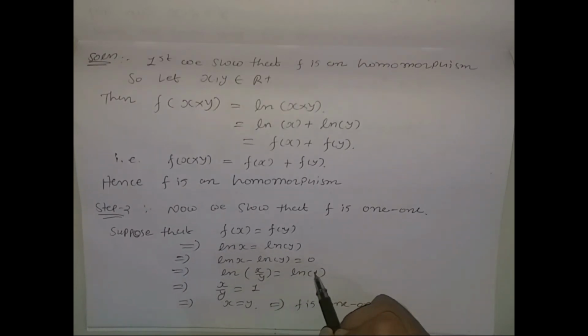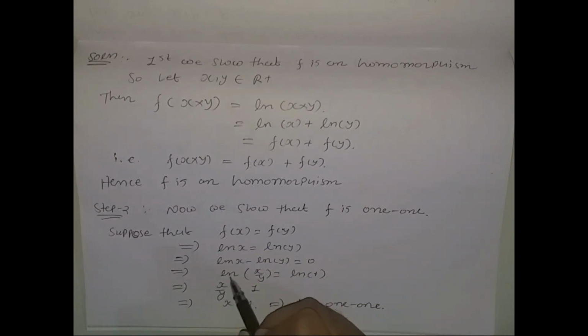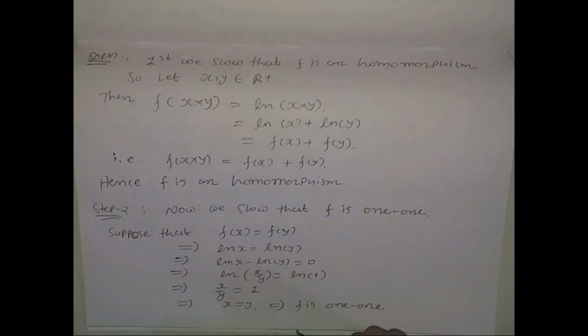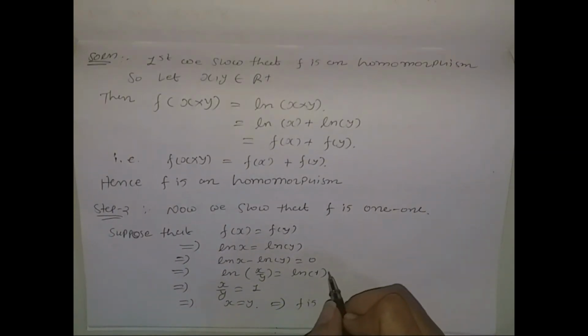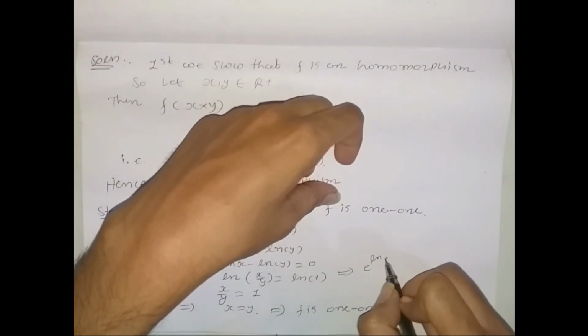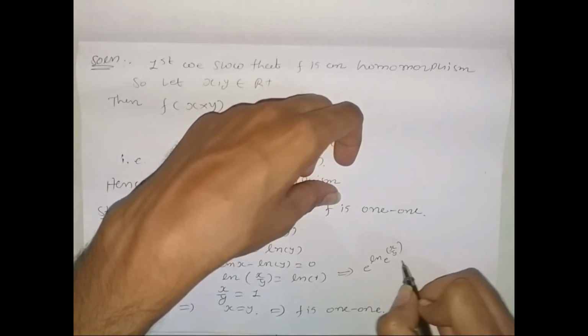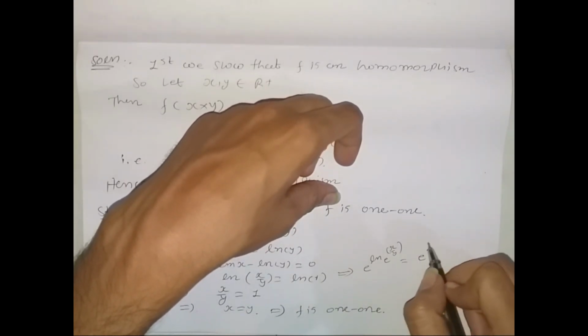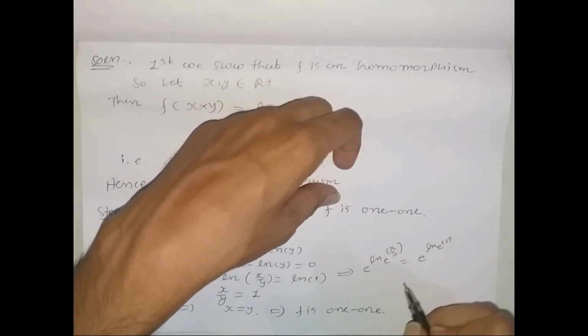This is equal to log 1, okay. Log will be cancelled out from both sides. We get x upon y is equal to 1, so we get x is equal to y. Here log cancel out means we do this: e raised to ln of x upon y is equal to e raised to ln of 1, okay.